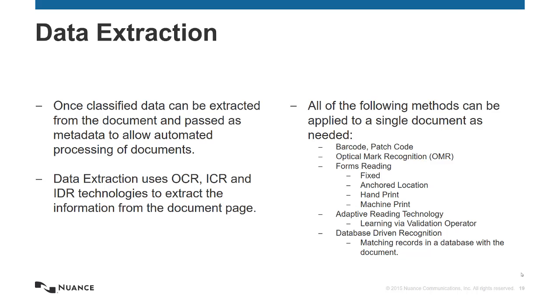We can do forms reading. On structured forms, we can use fixed location. On semi-structured forms, we can use an anchored location where we look for something in relation to the piece of information we actually want to extract. Once we've used those fixed or anchor locations, we can extract the information either using handprint recognition or machine print recognition. We also have the ability to use database-driven recognition.